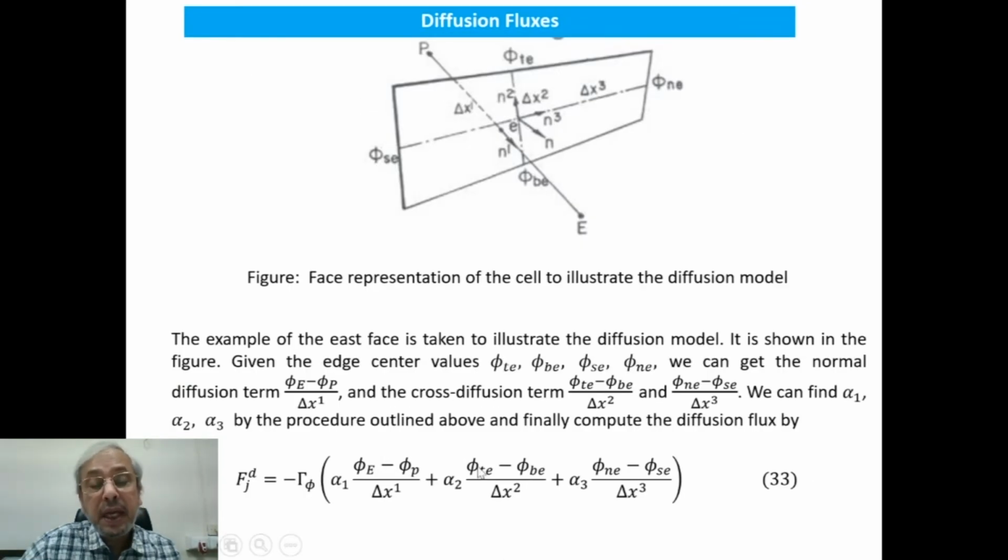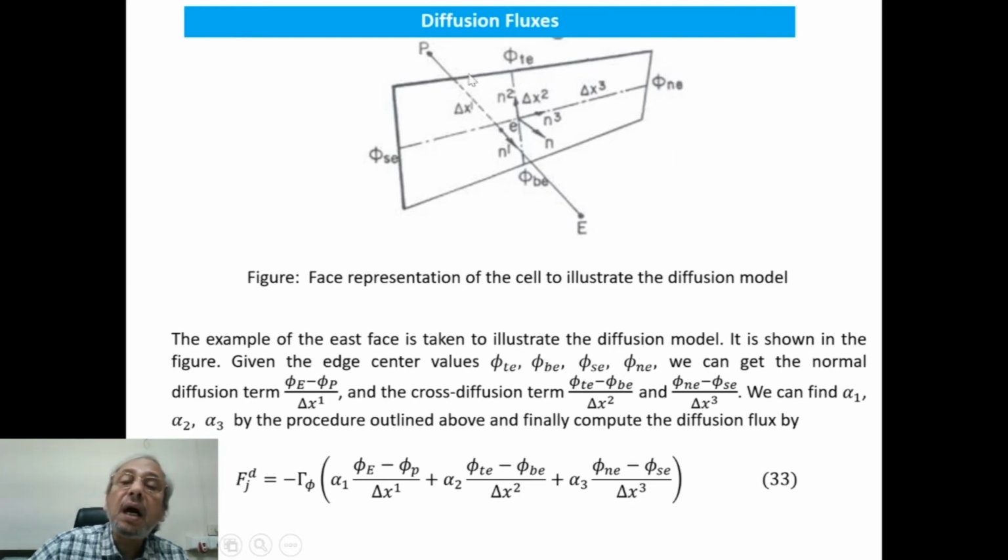Now here, when we calculate, phi E and phi P are defined, but quantities like phi TE, phi BE, phi NE, phi AC are not defined, because these are edge centers.